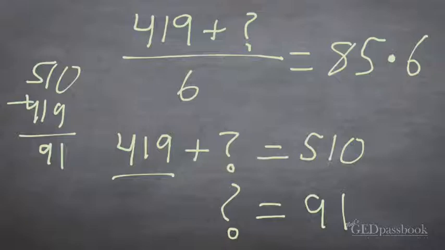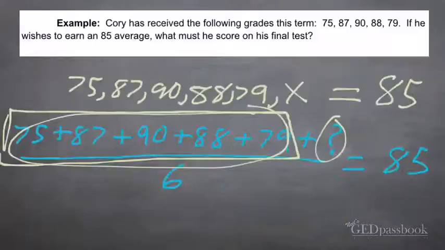So on Mr. Solano's final test, I need to get a 91% in order to get a final average grade of 85. So my final test must be 91.